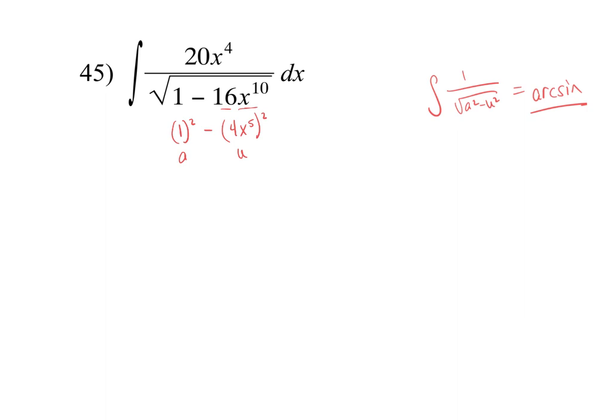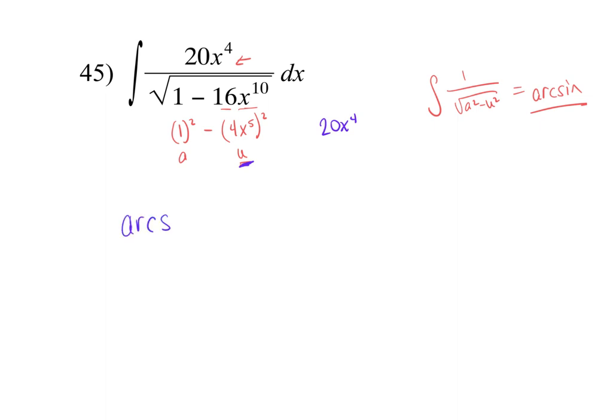I'm really just making sure that this guy is accounted for up here. And he is. If I take my derivative of 4x to the 5th, I get 20x to the 4th. If that was anything other than that, I would need to take care of it in my antiderivative. But it's not. It's perfect.